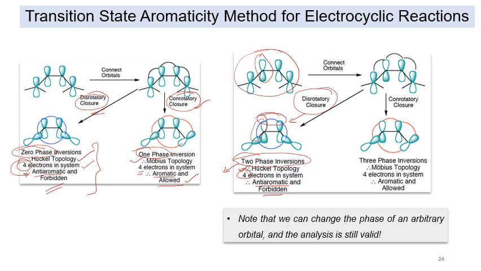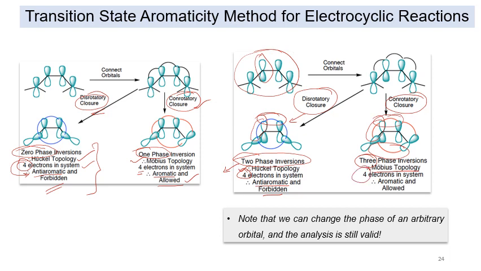Let's see whether this still holds true for the Mobius topology. In the case of the Mobius topology, for the conrotatory closure, there is one inversion here, one inversion here, and one inversion here. So there are three phase inversions, so it is an odd number. Therefore, we classify this as a Mobius system. There are 4 electrons involved.